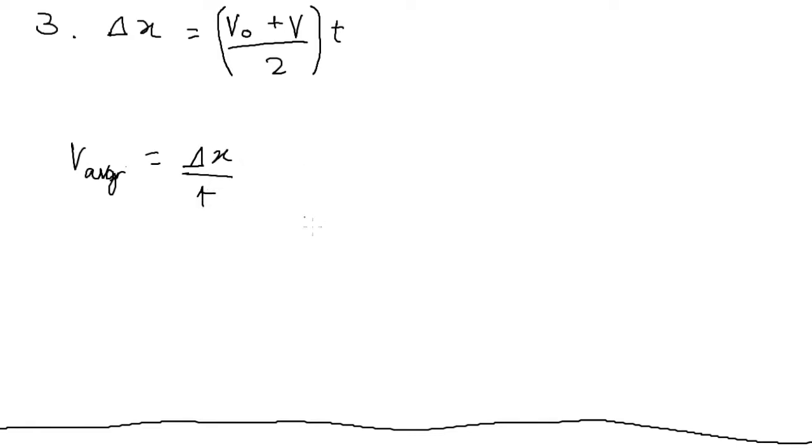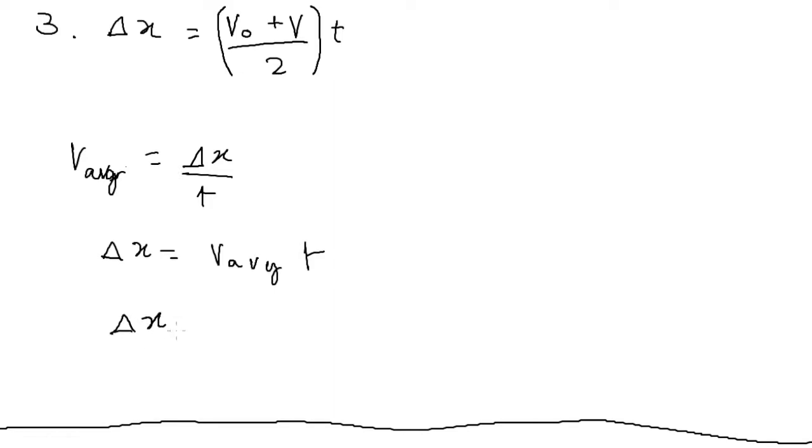So you can rearrange this equation to get that the displacement is equal to the average velocity times the time. Now the average velocity will just be the sum of the velocities divided by the number of velocities that you have.